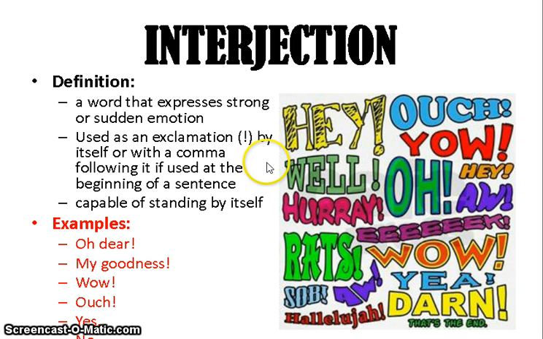The next one is interjection. Definition: a word that expresses strong or sudden emotion, used as an exclamation by itself or with a comma following it if used at the beginning of a sentence, capable of standing by itself.